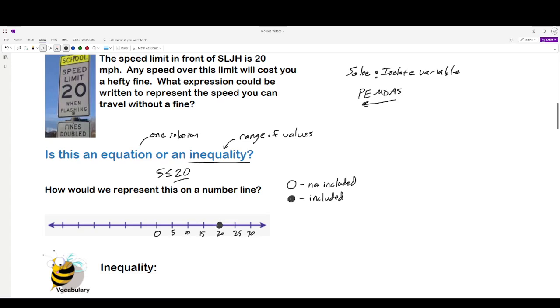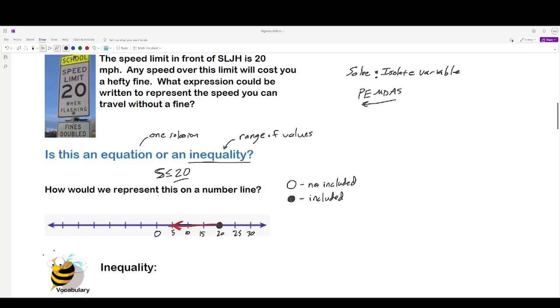And then to show numbers less than, so our speed is less than 20, we're going to draw an arrow going to the left on our number line. I'm going to grab a different color here so we can see it a little better. So we're going to draw to the left an arrow going this way, saying that all values below that are okay to be traveling.